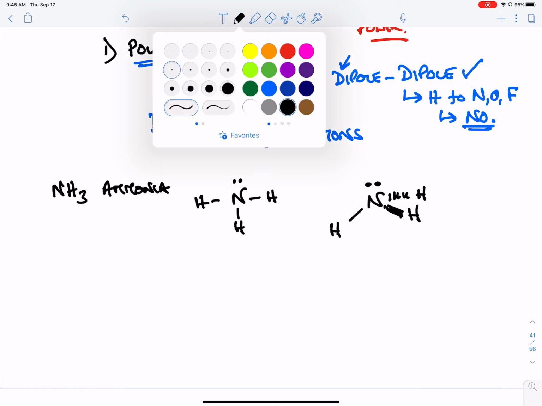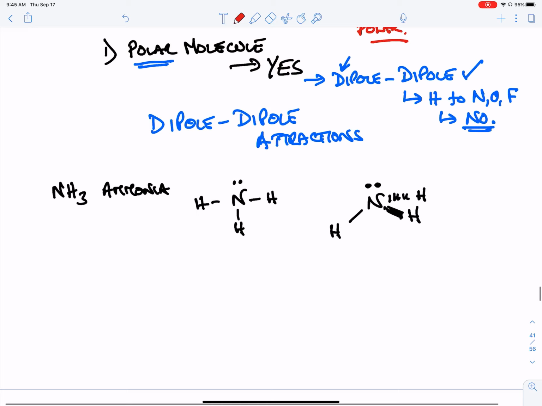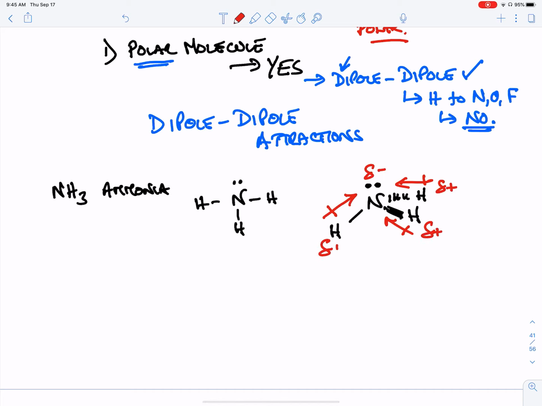And so the next question we're going to say is, well, what about polarity? Well, these are dissimilar atoms, so there's going to be some polar bonds, and these polar bonds are going to push electrons towards the central nitrogen. So this nitrogen is going to be slightly negative, these hydrogens are going to be slightly positive.